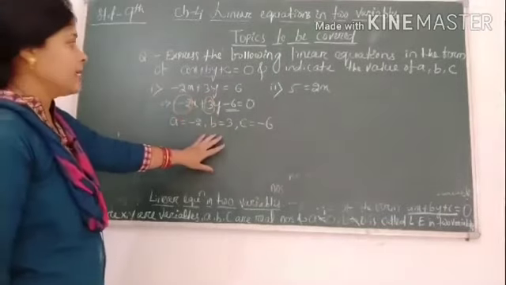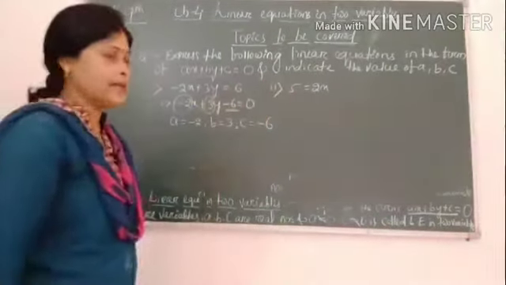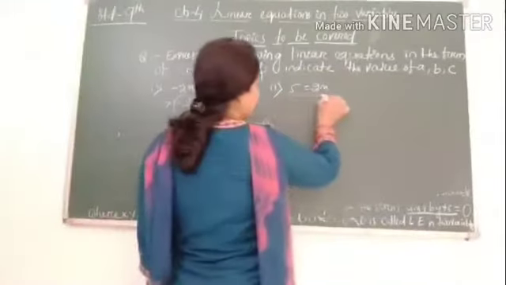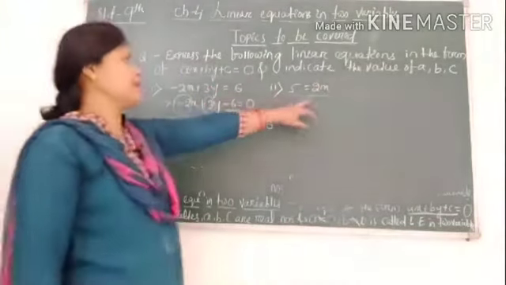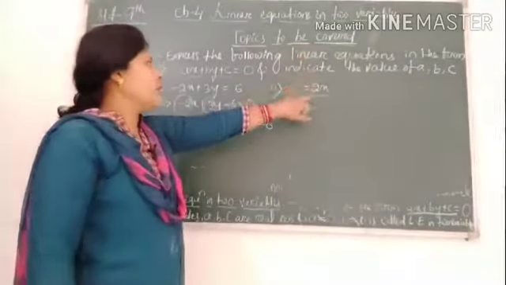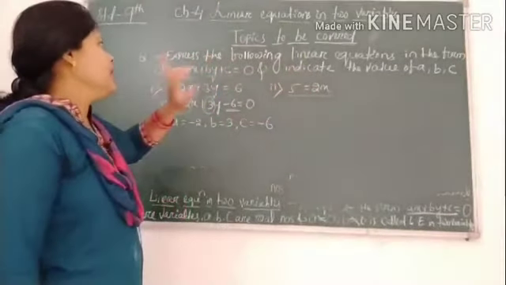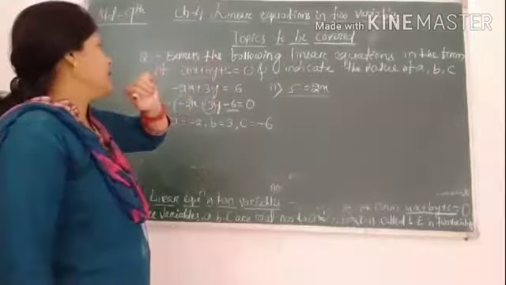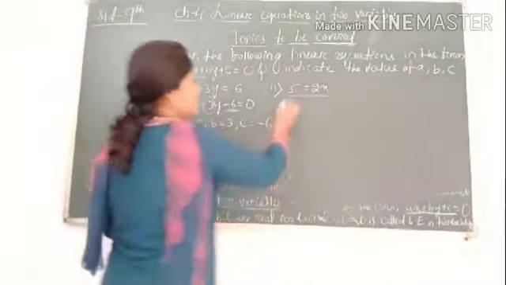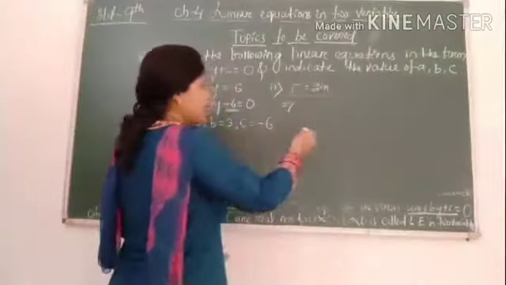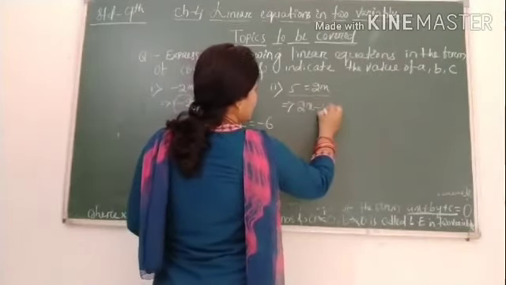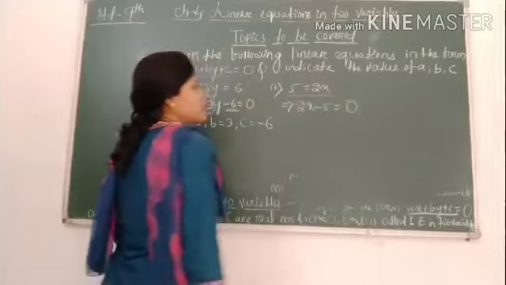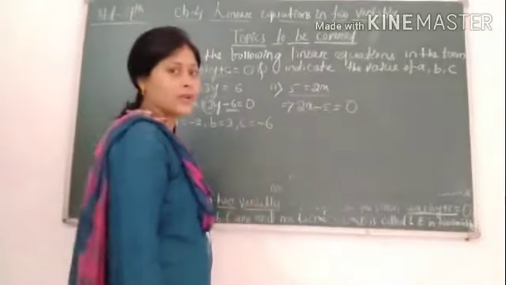Got it or not? Then come to our second bit, and in your second bit look here, only one variable is present, but you have to represent the equation in the form of linear equations with two variables. So see, first write 5 will go to that side, so your equation becomes 2x minus 5 is equal to 0.